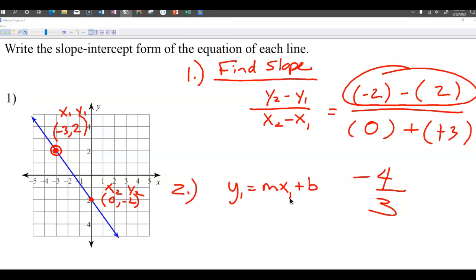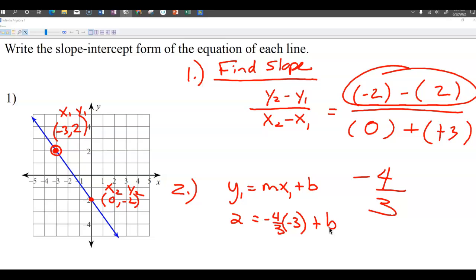So let's do that. What's y1? It's 2. What's m? It's a really ugly number. And x is -3. Y1 is negative.